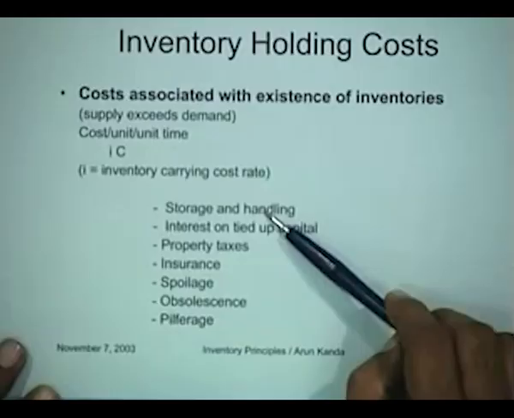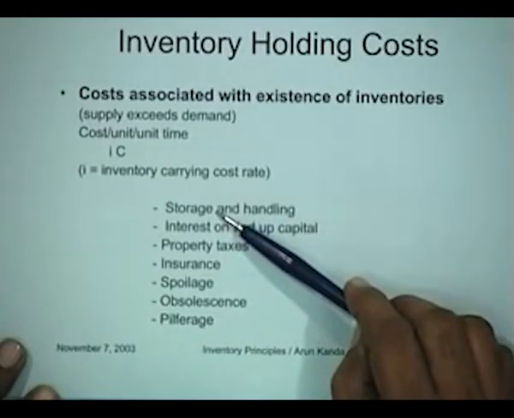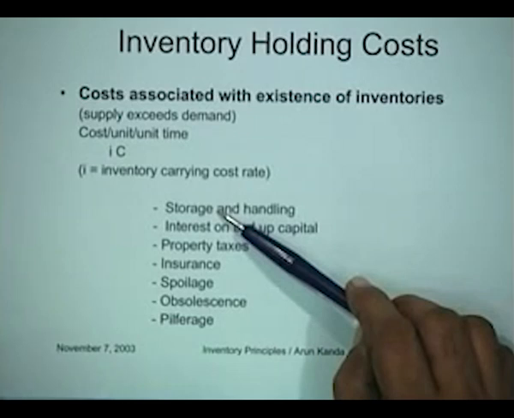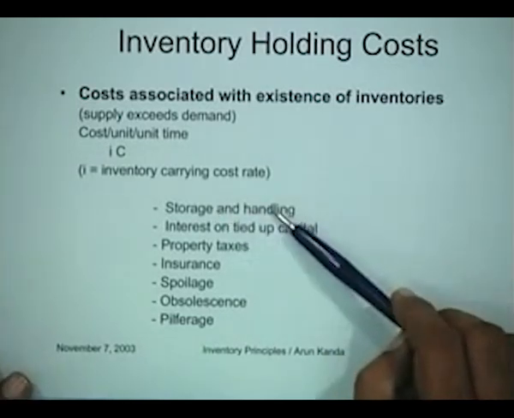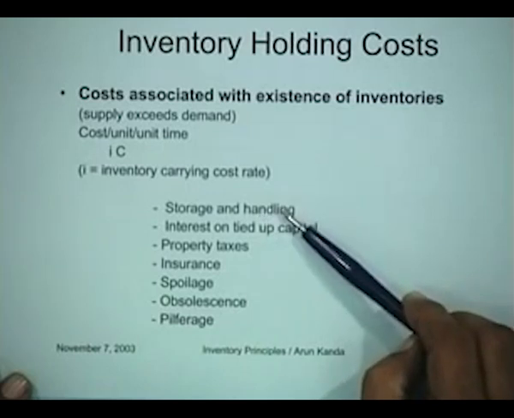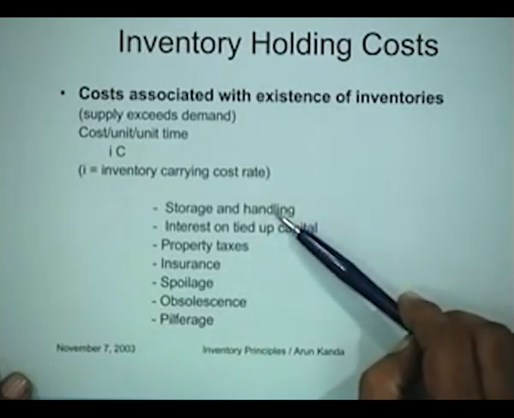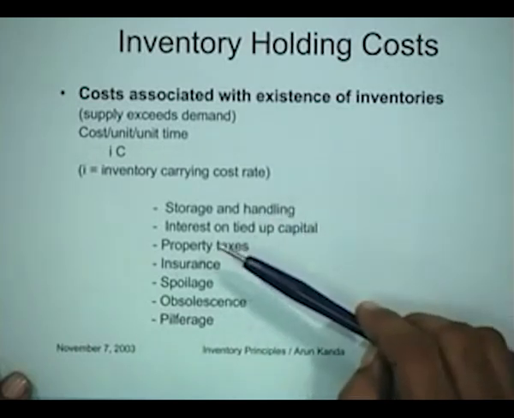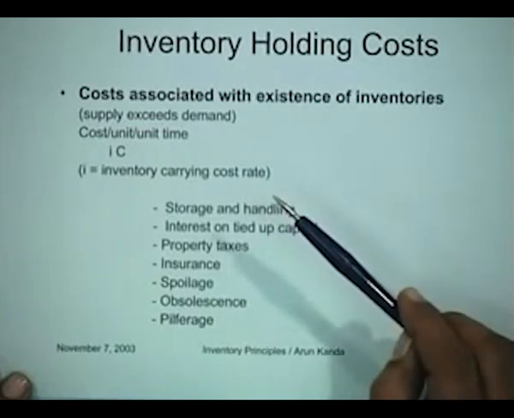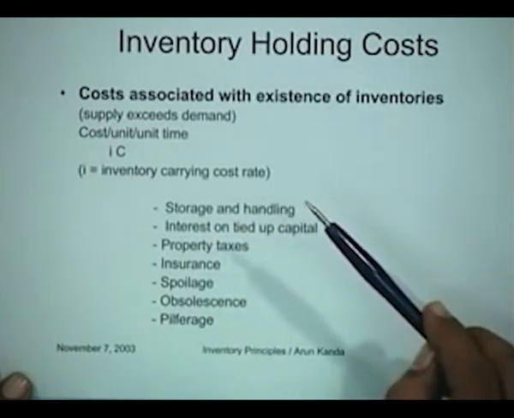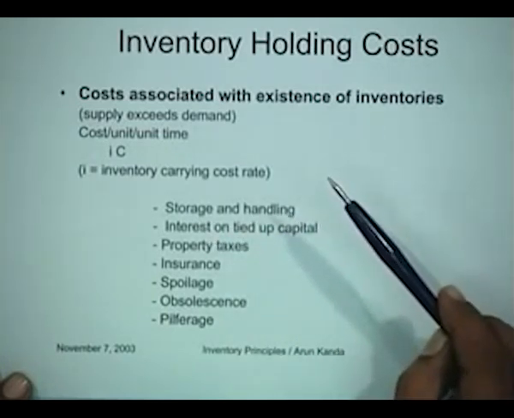Storage and handling costs are the amount of cost you require to, let us say, hire a storage space and to employ people and equipment to transfer the goods from that place and put them in the various stacks. So that is storage and handling cost. It's entirely your cost, right?